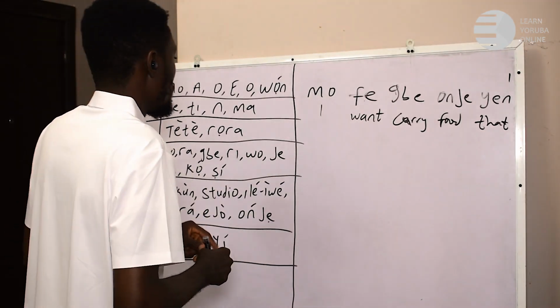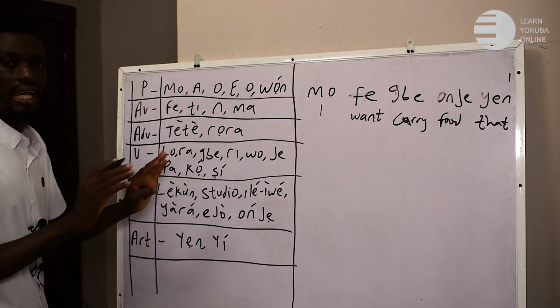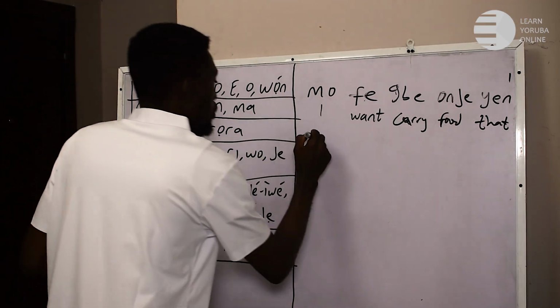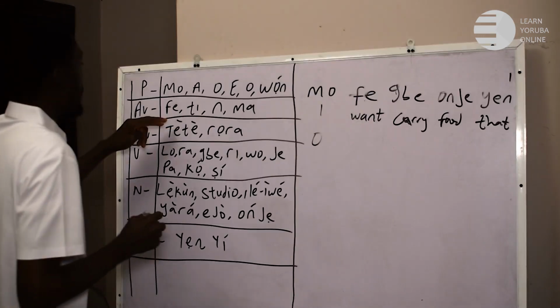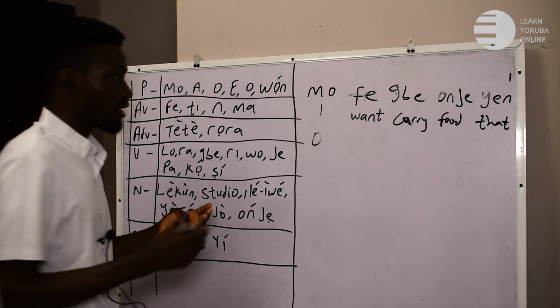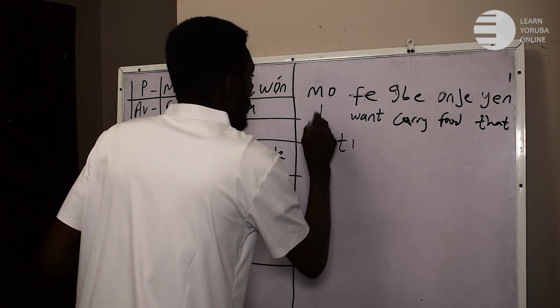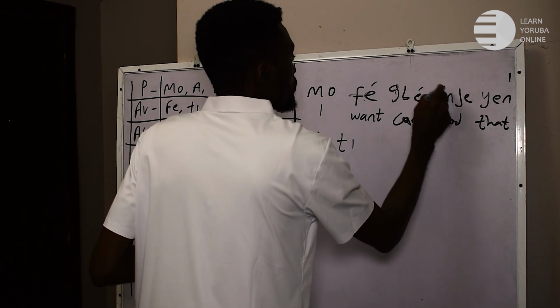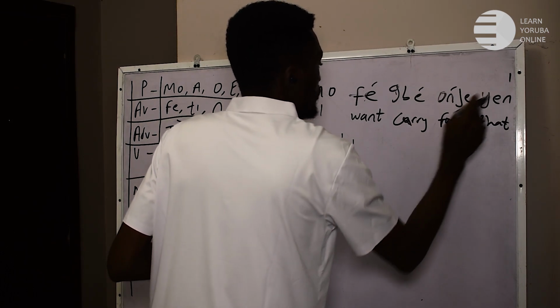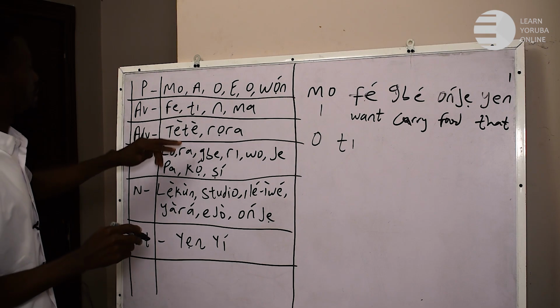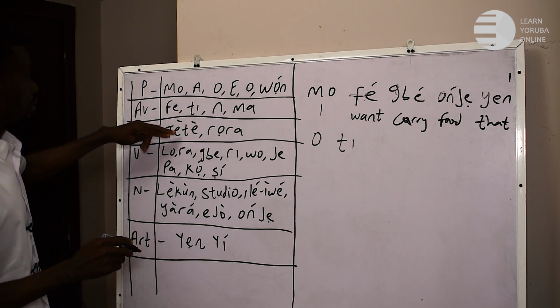So this is just for the first one, and you can pick any one from this. You can use o, which is you, ti, which is past. So o ti, rora, o ti tete.